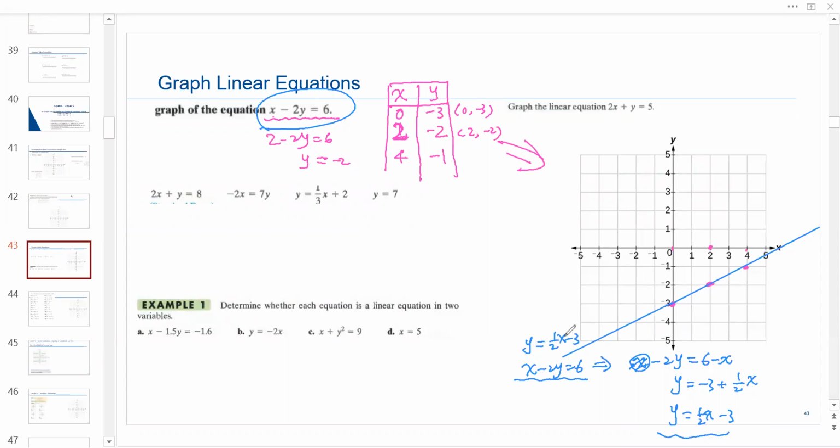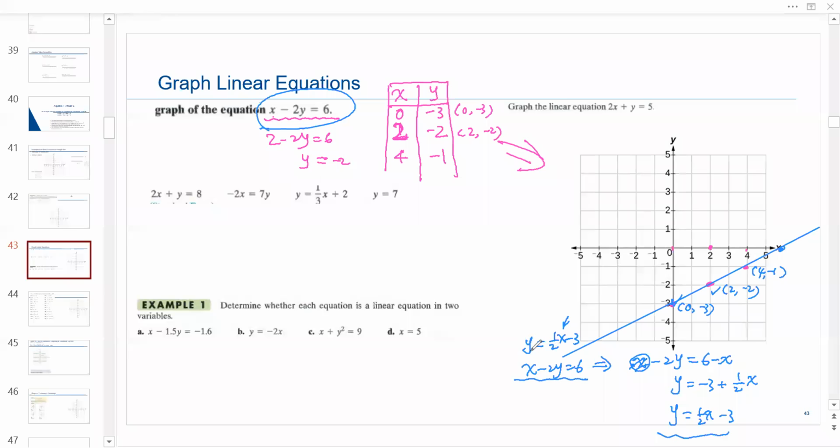So this linear line can also be described as half x minus 3. We can check it. When x equals 0, y equals -3. Yes, right? When x equals 2, y equals -2. When x equals 4, y becomes -1, right? We can check it and find out.